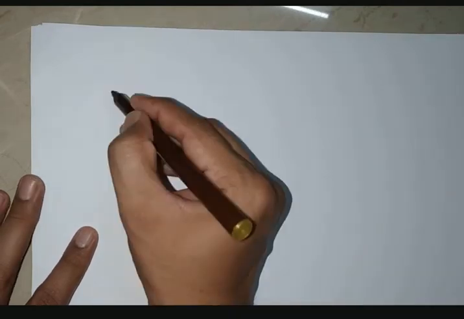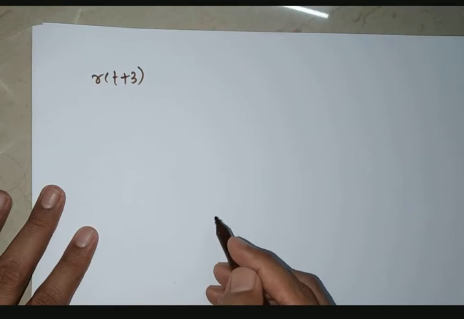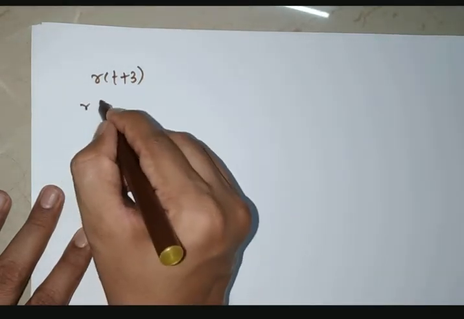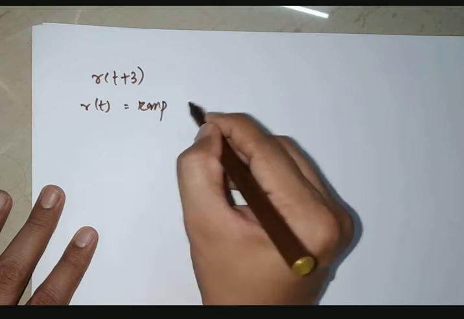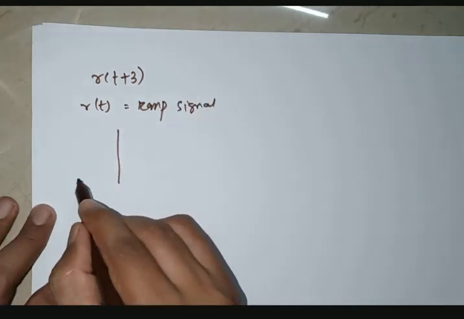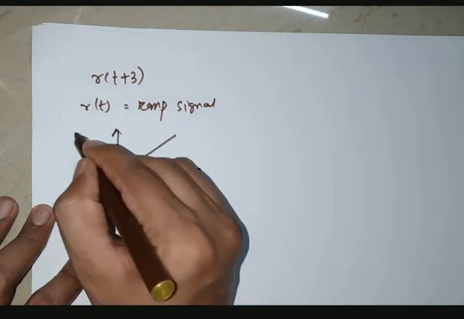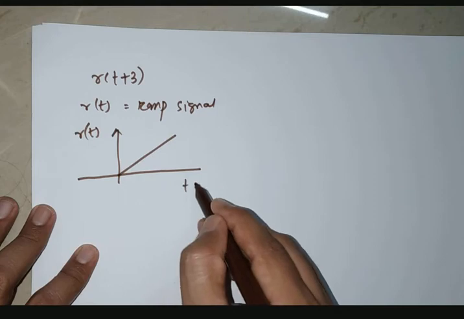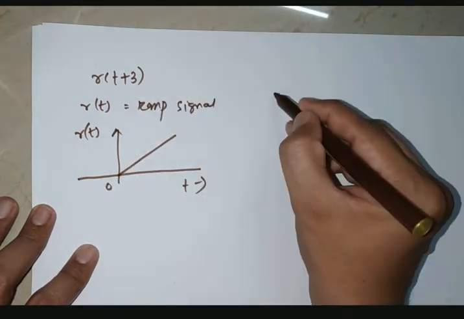Now if you want to take some more example, see this is all giving a time shifting operation example. Okay, let I want to find r of t plus 3. What is r of t? R of t means it is a ramp signal. Okay, this is a ramp signal. Okay, now we want to find r of t plus 3.